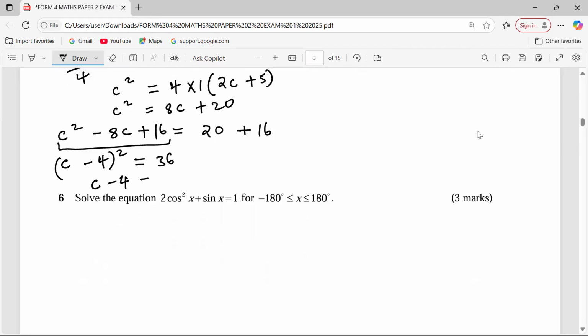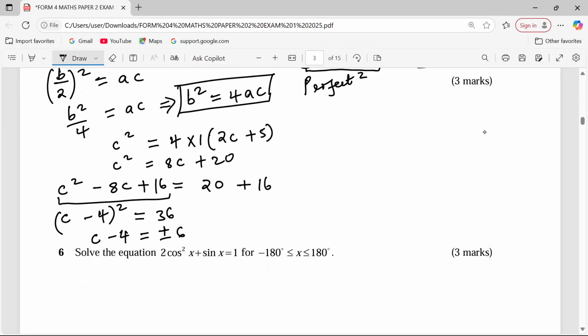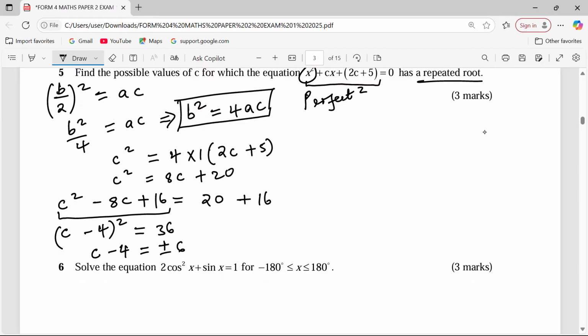minus 4 being equal to plus or minus 6. So the value of c equals 6 plus 4, which is 10, or the value of c equals negative 6 plus 4, which is negative 2.